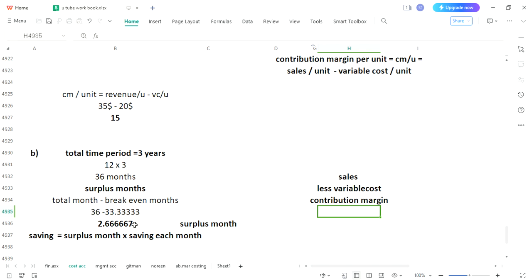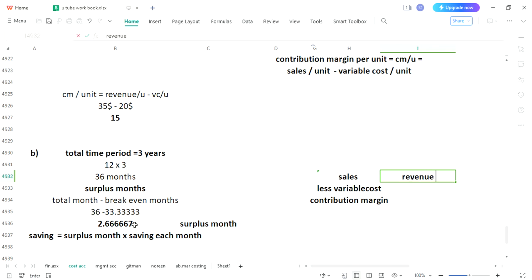Here there will be a little change. In place of sales, we will use revenue or saving a month, and then you will subtract your variable cost. This way you will have your saving per month.